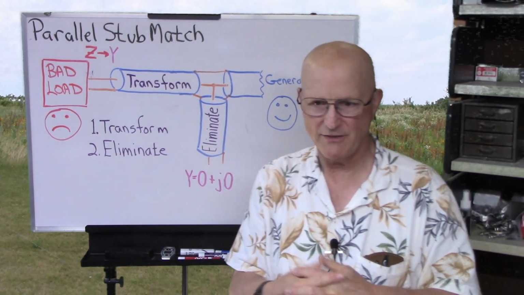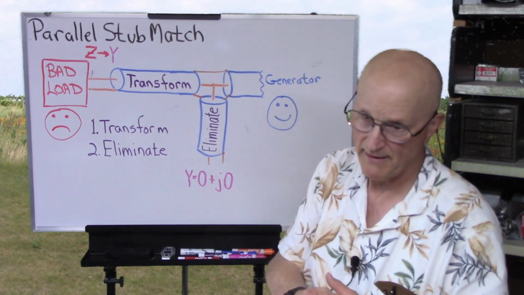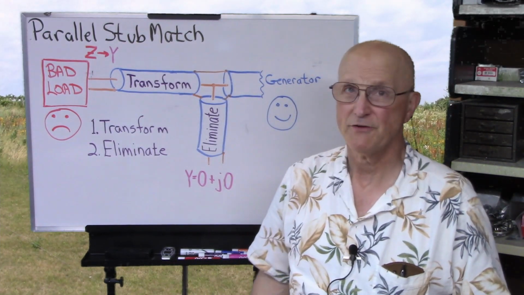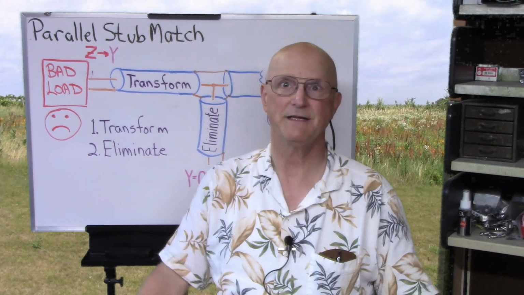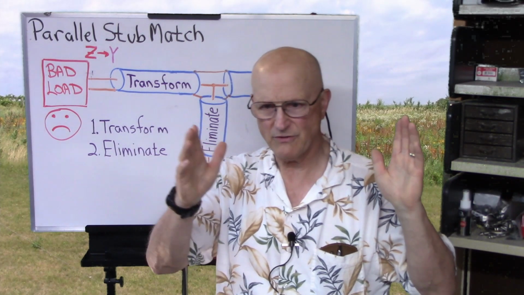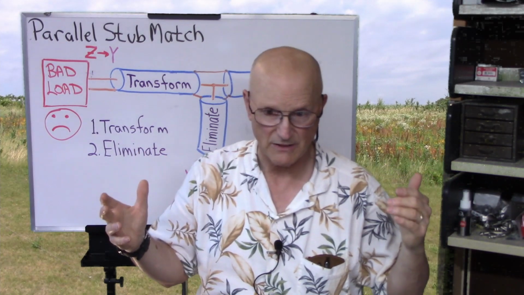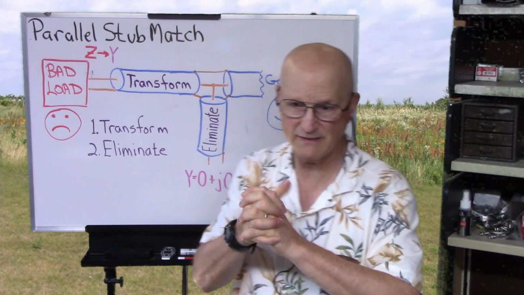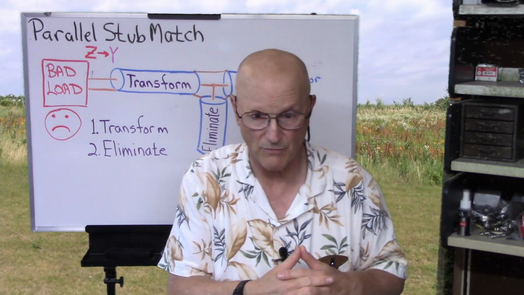The easiest way to design a parallel stub is to convert our input impedance to admittance and then operate in the admittance realm to calculate our stub. The good news is the Smith chart makes this incredibly easy, as easy as drawing a line. Now, somewhere along the way as we move along the transmission line, the purely conductive or the real part of the admittance will be transformed into our magical characteristic admittance that we want, and in many cases that would be 0.02 mhos.